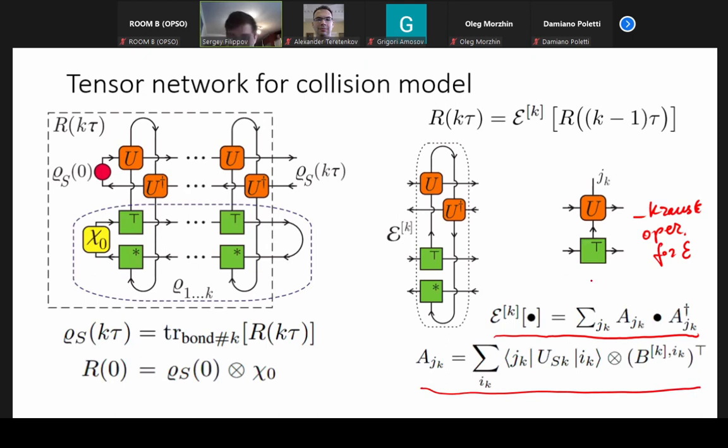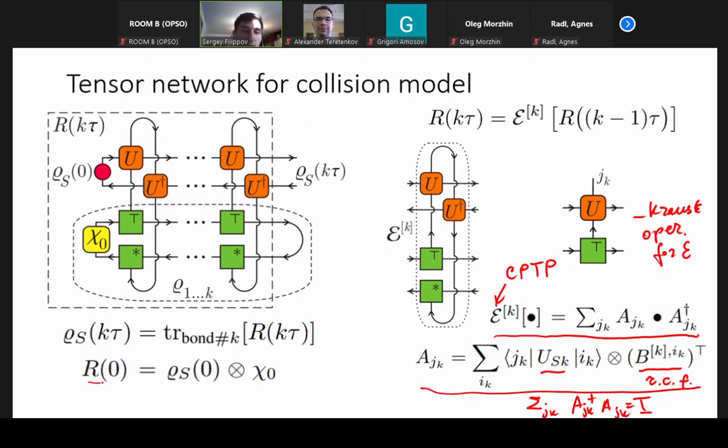And that means that E_K adopts this representation where A_JK is a Kraus operator given by this formula. And what is much more important is the fact that the sum over J of A_JK dagger A_JK equals the identity operator, because U is unitary and B satisfies the right canonical form of the matrix product state. So E is a completely positive and trace preserving map.